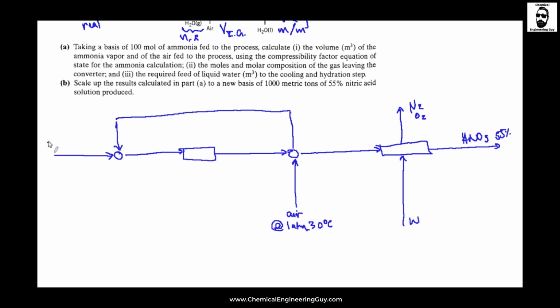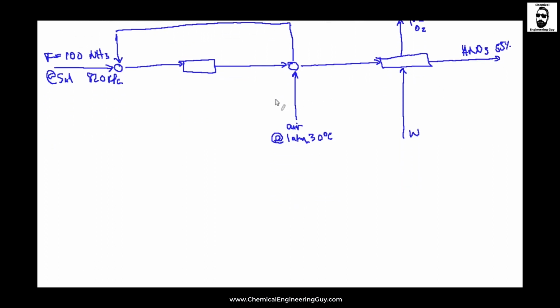Okay, the feed I'm going to use first is 100 mole of NH3 at saturation at this pressure, which is 820 kilopascals. Now the converter, I'm going to have also, let me go down here.